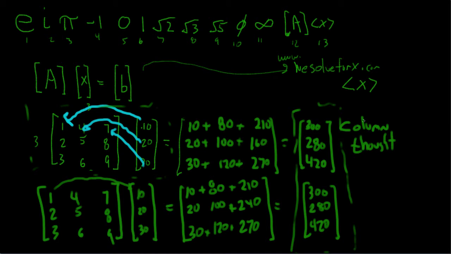So remember, now we talked about column thought and row thought. And now I'm going to take it one step further when it comes to row thought in terms of making a larger matrix. So how can we do this? I have no idea.